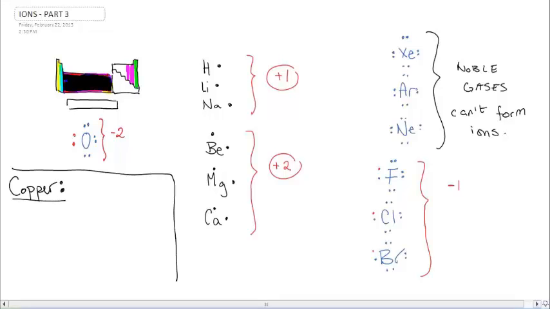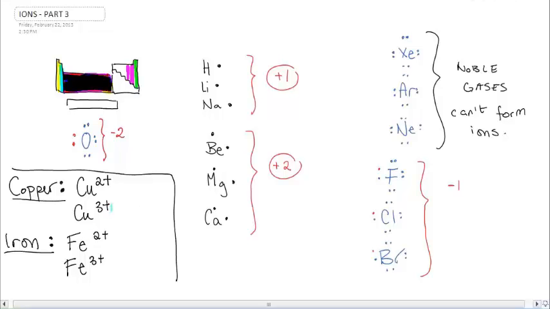And most commonly, copper will either form the ion Cu2+ or Cu3+. Another important example is iron. And much like copper, iron will most often form either a 2+ ion or a 3+ ion.